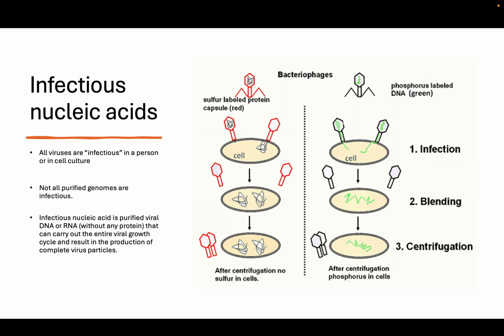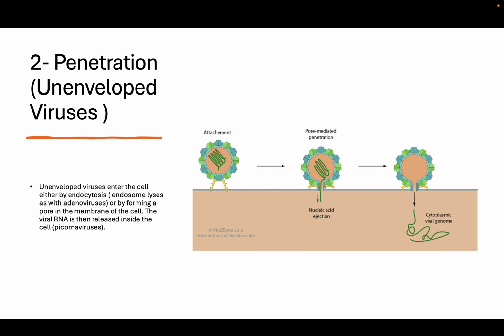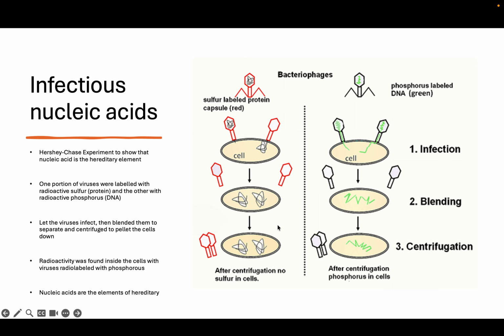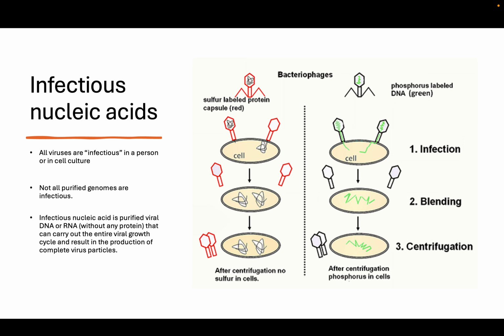And why I brought this whole experiment back is to introduce a very nice thing called infectious nucleic acids. Here we're talking about a whole virus that has to bind to the cell, enter through endocytosis, and rupture to release its DNA or RNA. Well, some viruses can actually not use the virus per se. They've realized that sometimes when you purify genomes, they can be infectious on their own.